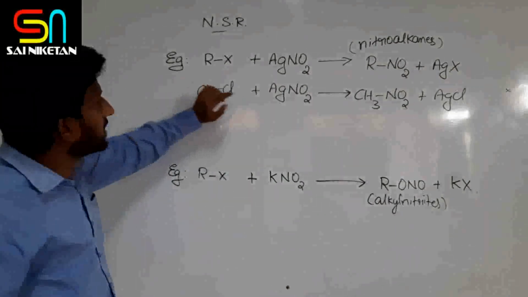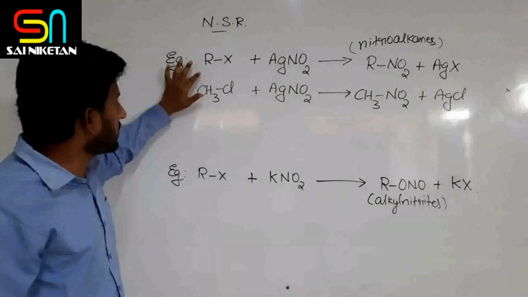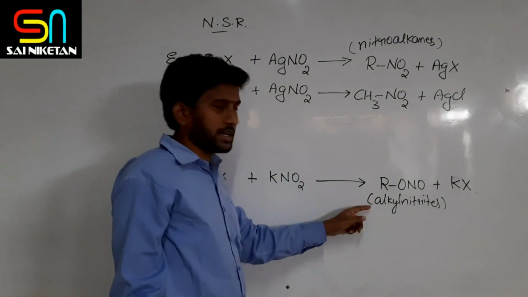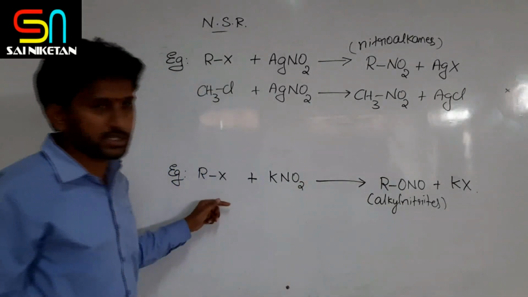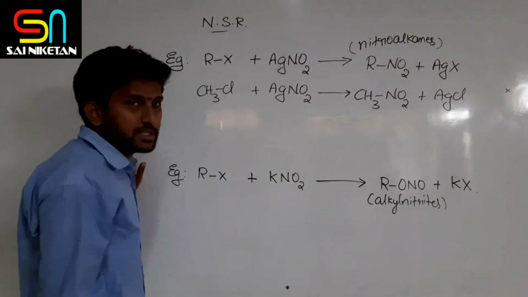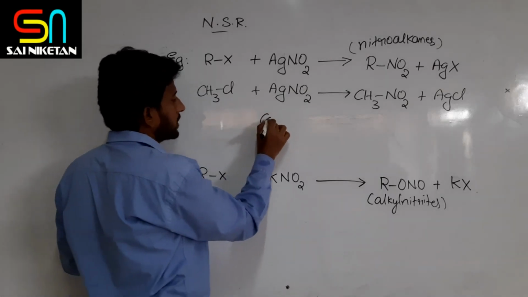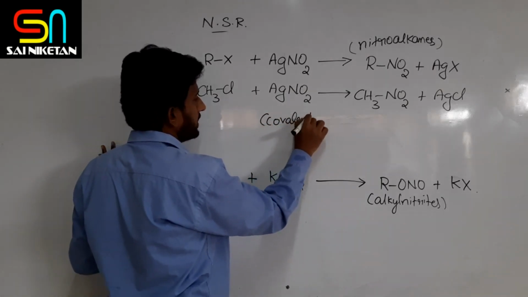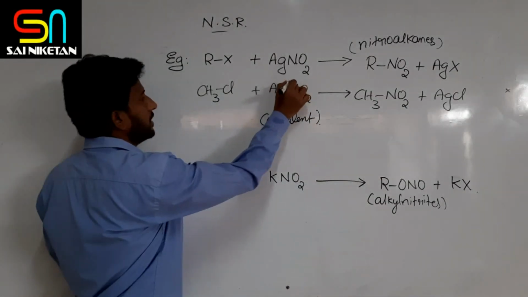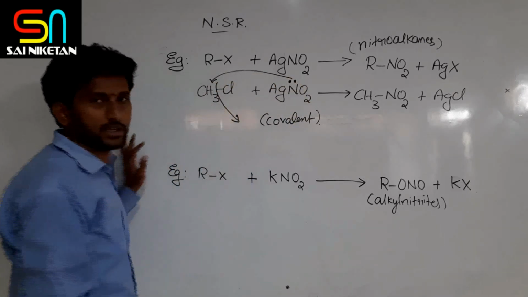Now why am I getting nitroalkanes as a major product if you use silver nitrite, and why are you getting nitrites as a major product if you are using potassium nitrite as a reagent? Again the same reason here, AgNO2 is a covalent molecule, is covalent in nature. So the reaction is initiated by the lone pair present on the nitrogen atom.